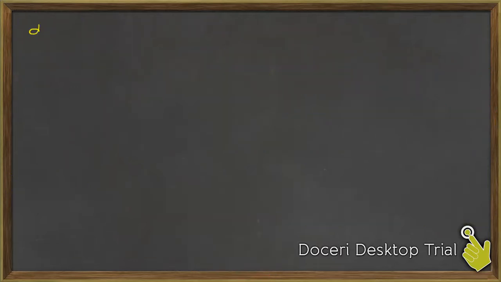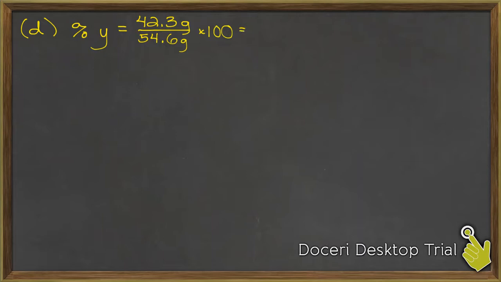This is letter D. The percent yield is the actual yield, which they gave us, over the theoretical yield, which we calculated, times 100, and there is my percent yield.